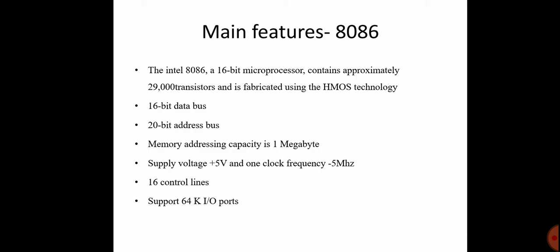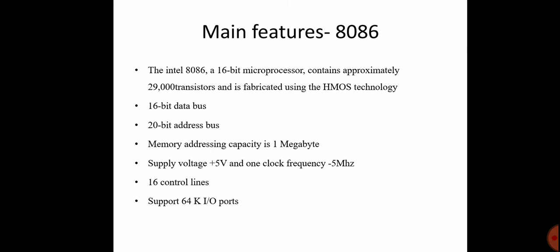Here is the presentation. The Intel 8086 is a 16-bit microprocessor. A 16-bit microprocessor means it has 2 bytes of execution data. It contains approximately 29,000 transistors and is fabricated using HMOS technology.